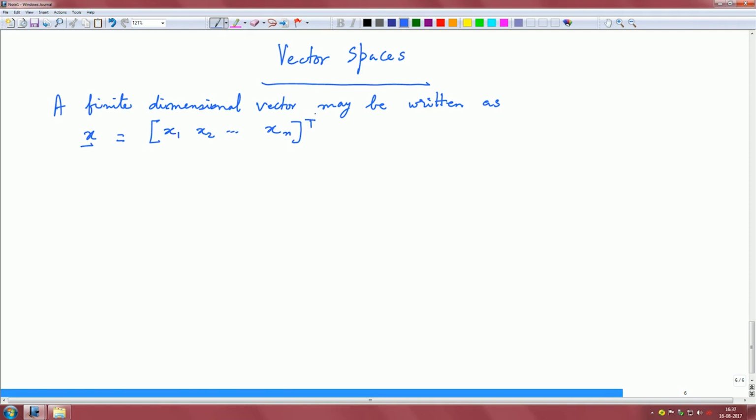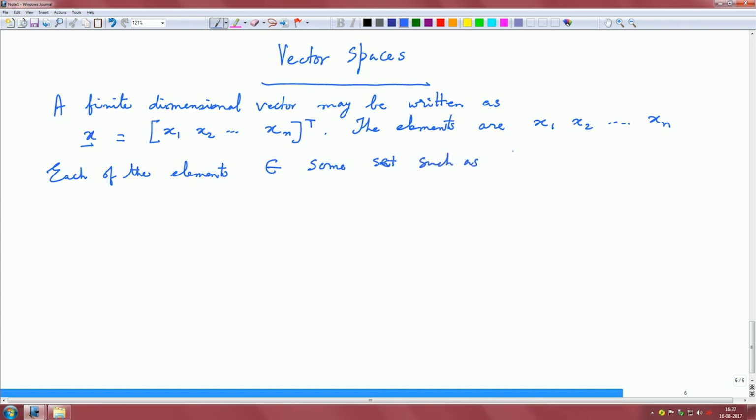So, we can say this is a column vector, and the elements of this vector are x1, x2, so on till xn, and each of the elements, they belong to some set such as maybe the real line, that is xi belongs to R, or perhaps xi can belong to a binary field.